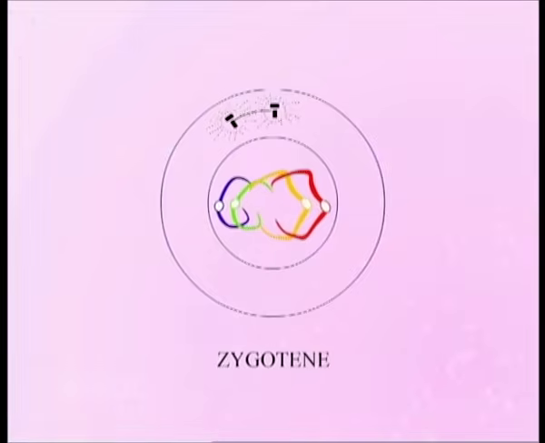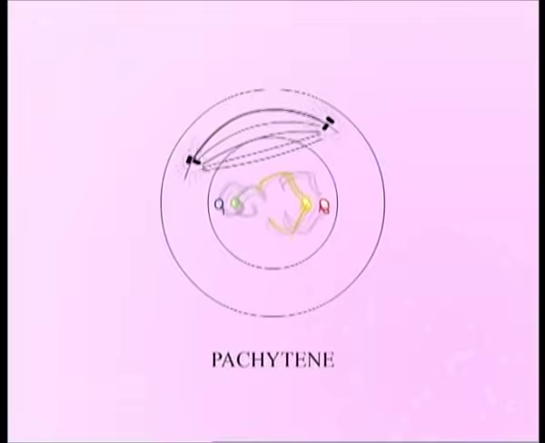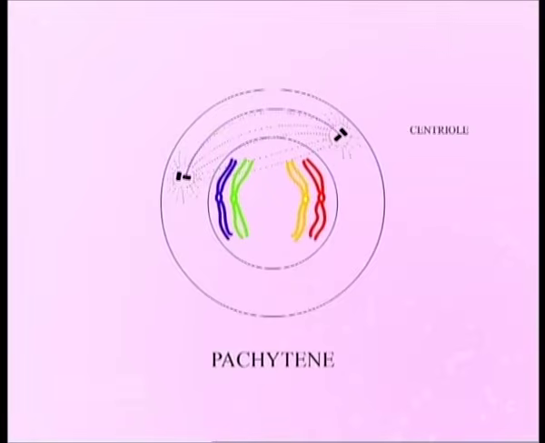In zygotene, homologous chromosomes start pairing from one end. This pairing is known as synapsis. Each pair of homologous chromosome is called bivalent. In pachytene, the chromosomes become shorter and thicker due to contraction.